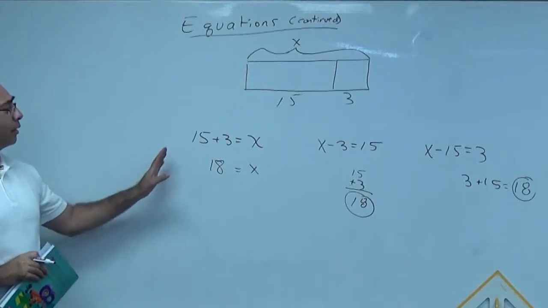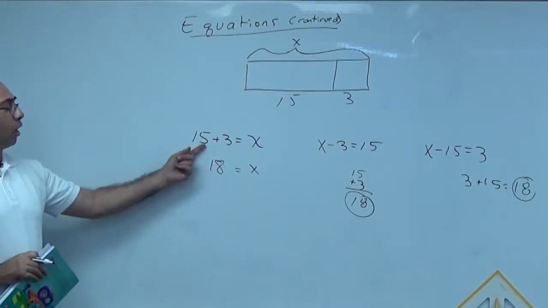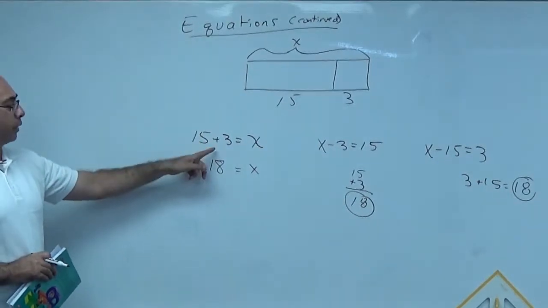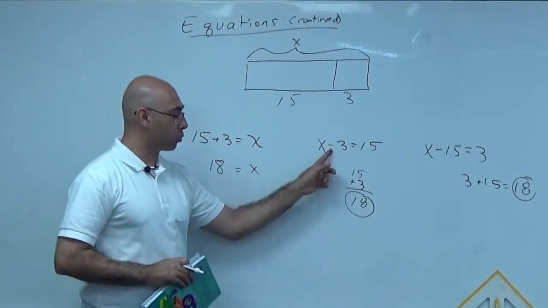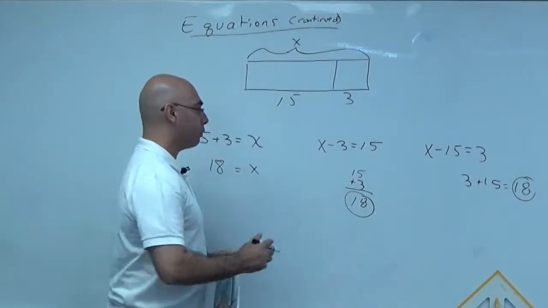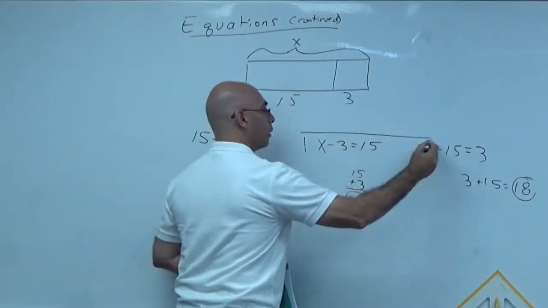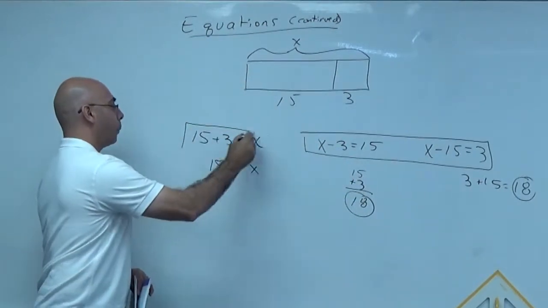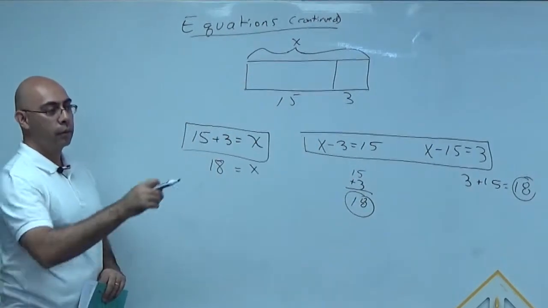Now I'm going to ask you this. In this problem, how do we know? Like here, we didn't do the opposite, did we? No. It said plus, so we added. Here it said subtract, so we added. Here it said we subtract, so we added. Why is it for these problems we did the opposite, but here, you didn't do the opposite? Yes, sir.